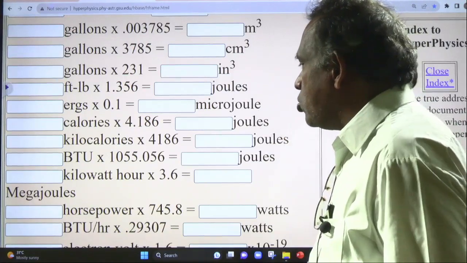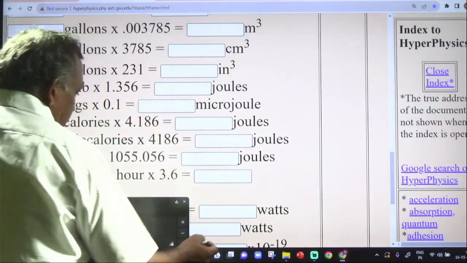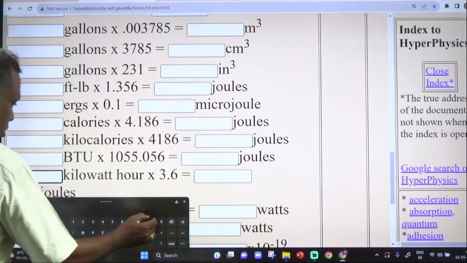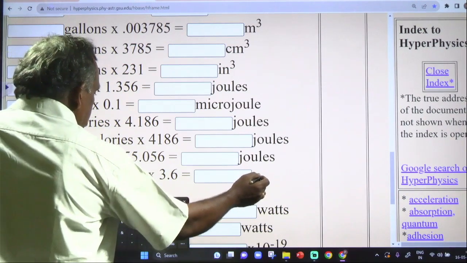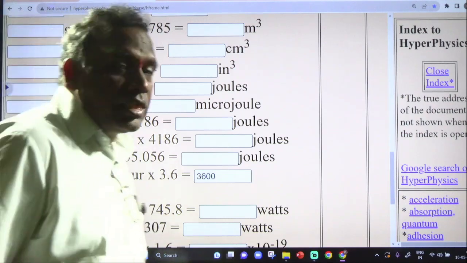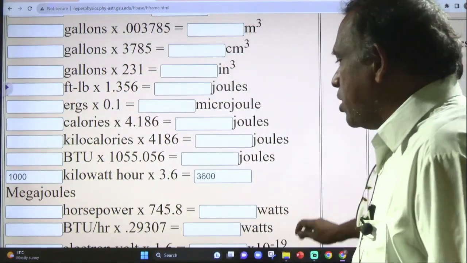These are all things you should learn. 1000 kilowatt hour is how many megajoules? 1000 kilowatt hour is 3600 megajoules.